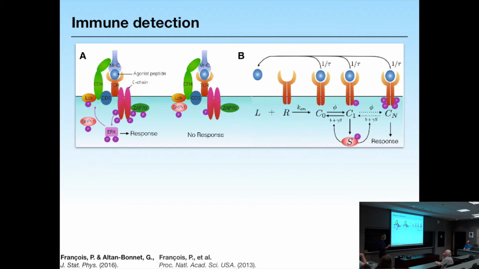The moment this T cell receptor has been phosphorylated a sufficient number of times, an enzyme downstream will be activated, this being ERK, which will then enter the cell nucleus and change the gene expression. So effectively, your T cell will start to proliferate and migrate to the infected area. That is the case when this peptide is from not self origin.